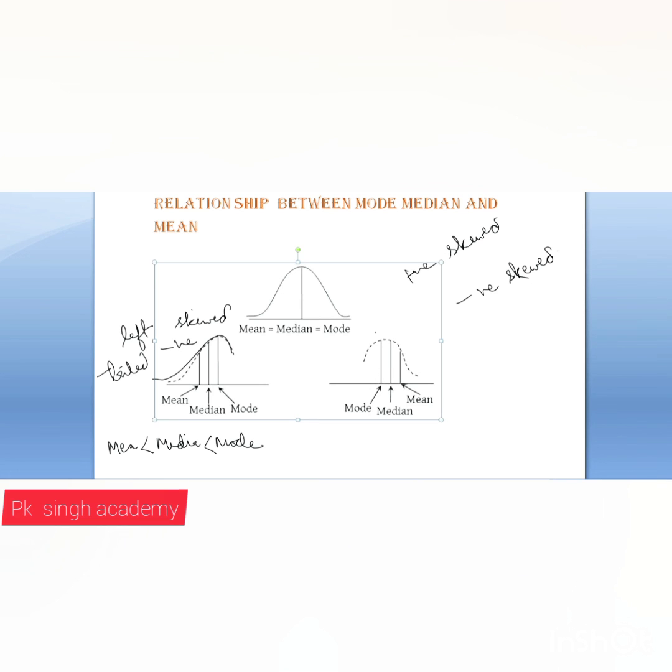Clear? Here it is right-tailed, positively skewed, and the mean will be greater than median, which will be greater than mode. So these are all the relationships between mean, median and mode.